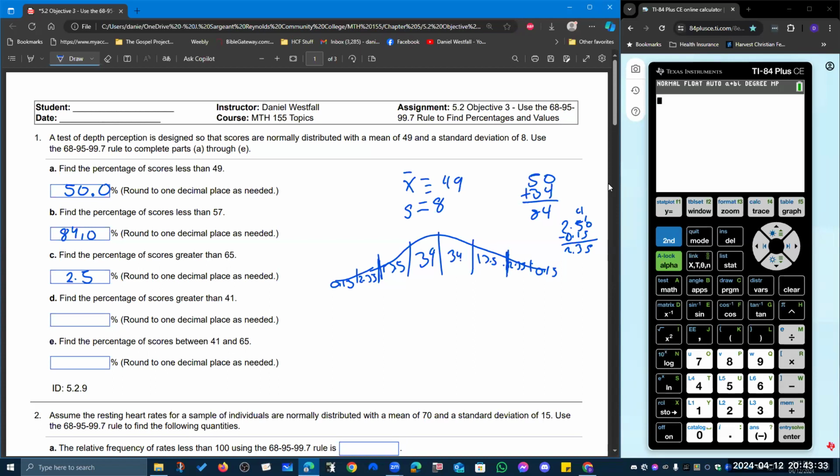And so greater than 65 should be half of that 5% that's left.